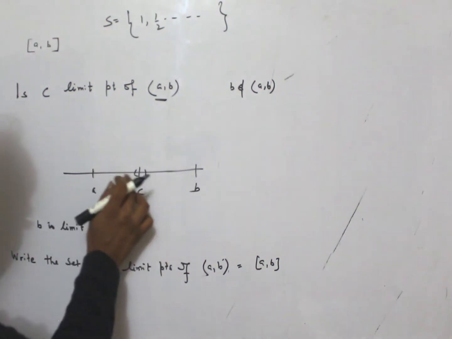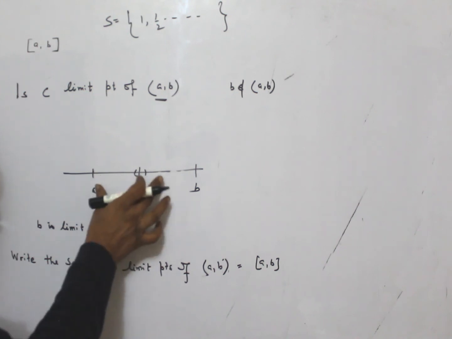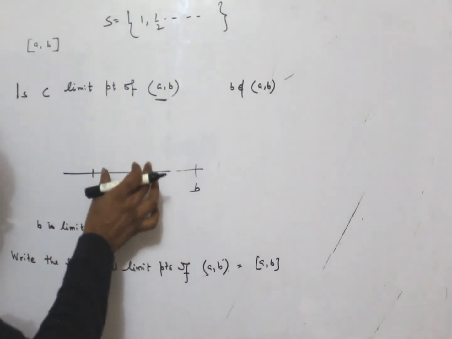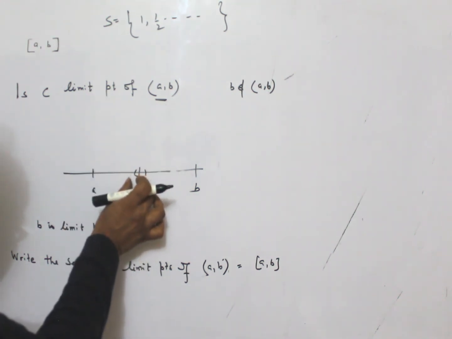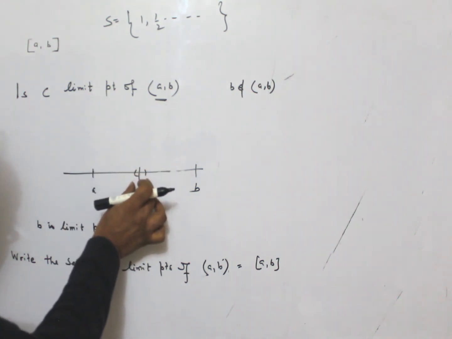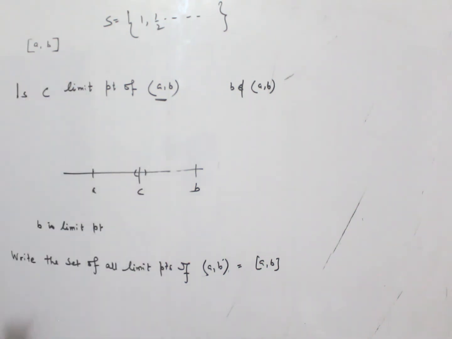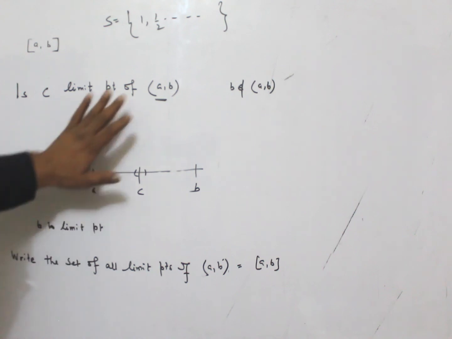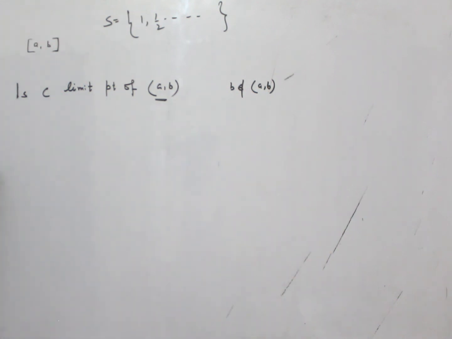That means all points lying on this segment are members of this interval, and however small an epsilon we take, the neighborhood of C still contains infinitely many points of the interval. So C is also a limit point. So now I think the concept of the limit point is clear.